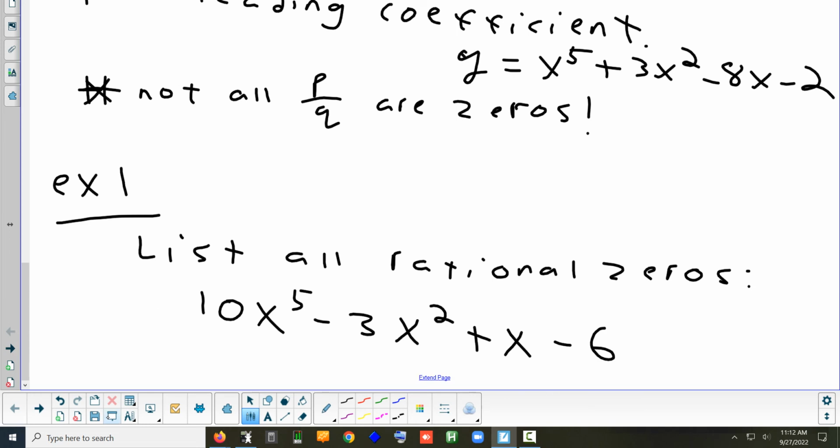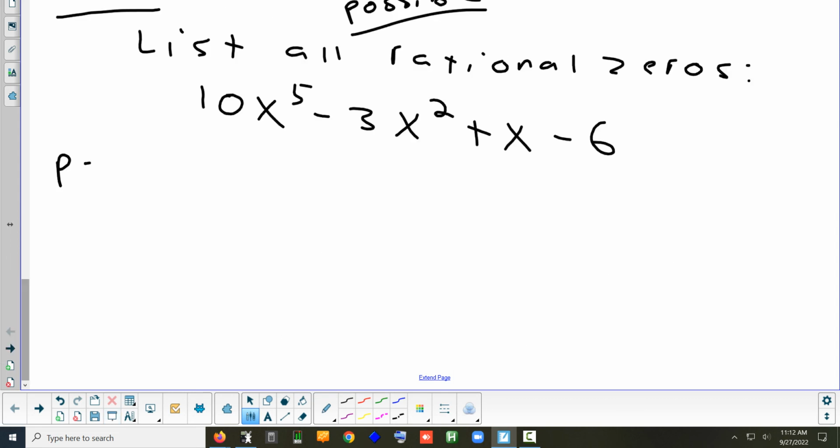So let's take this problem and list out all the possible rational roots. We're going to make a list of possible options. Just remember what P and Q are, and we're going to start by writing that down.